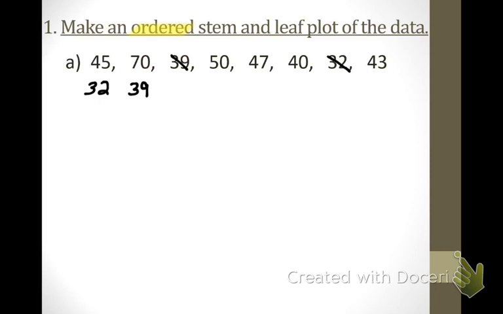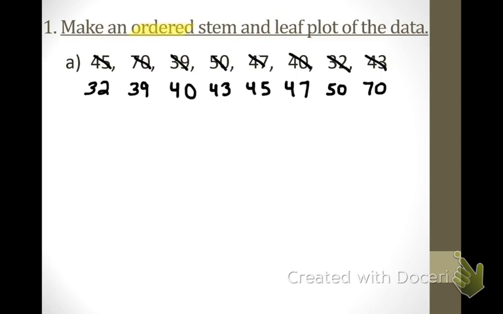Next up, we know that we're going to have the number 40, then 43, 45, 47, 50, and then finally the biggest one is 70. Once again, please make sure every single time you always put them in order from least to greatest.